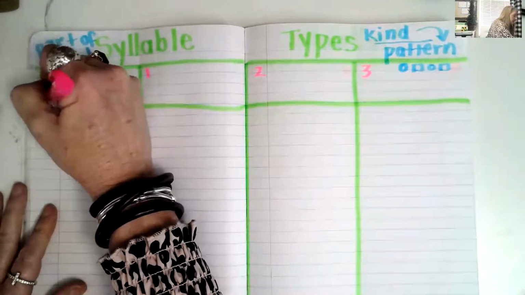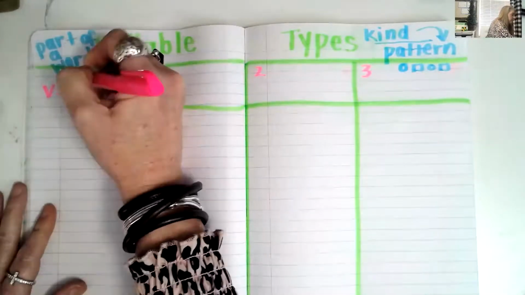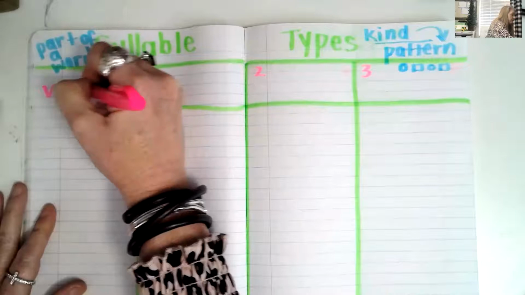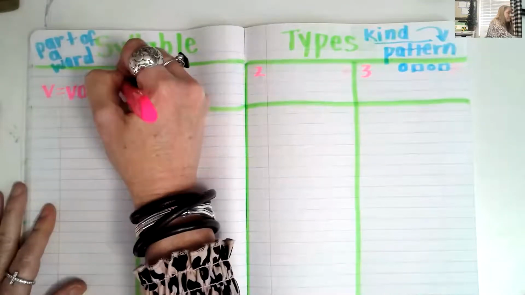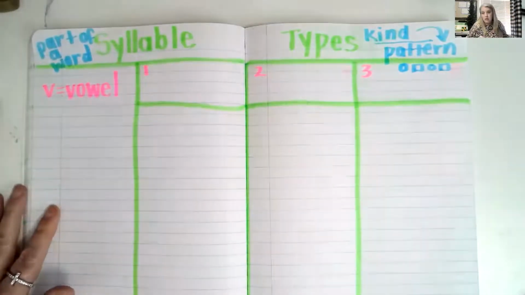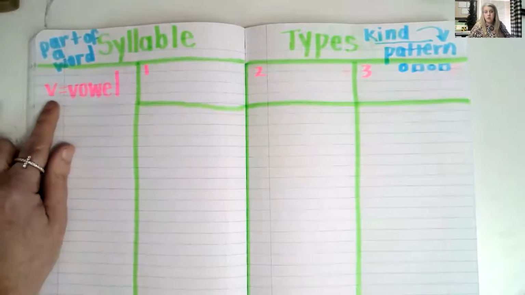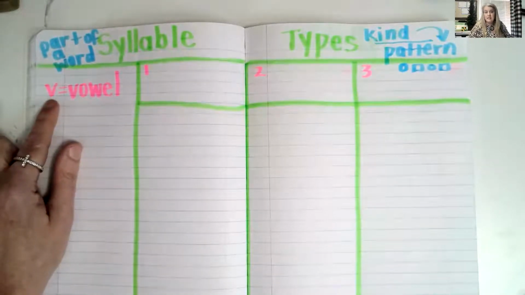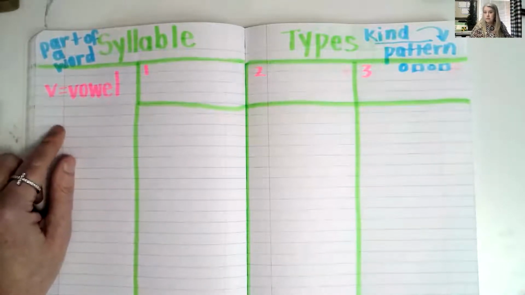So V is going to stand for vowel, because I'm not going to write the word vowel every time I want to talk about a vowel. I'm just going to code it with a V that stands for vowel. So tell me what the vowels are and see what they say. And you want them to respond in order.